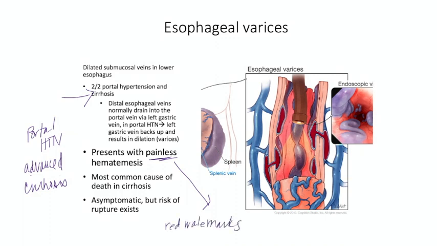So another way that you would find this is screening for any of your patients that have cirrhosis. The red wale signs are basically the red marks that you would see when you do the EGD, and relates to the number of strands, the diameter, where the location is.